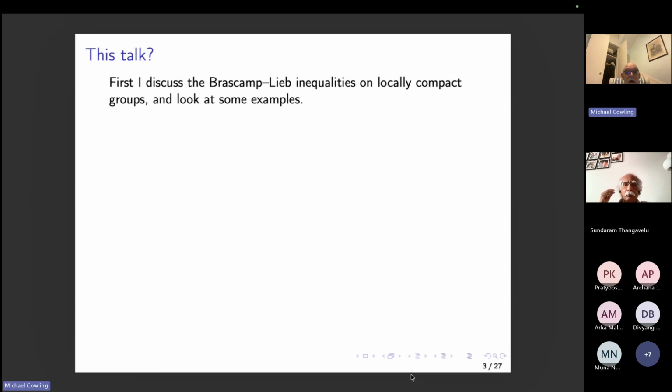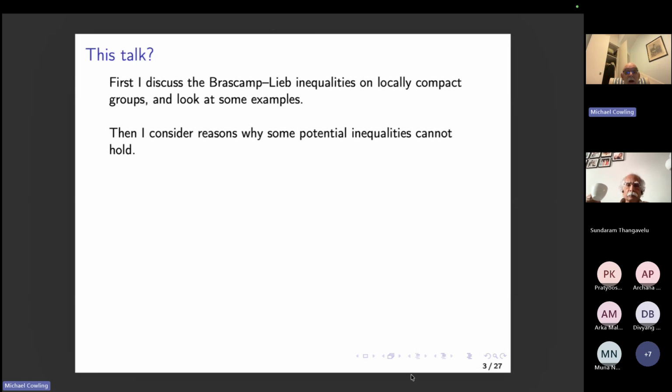So I'm going to first of all discuss the inequalities in quite general terms, and then I'm going to look at some examples. And then I'm going to say that there are some very good reasons why, essentially, when groups are not commutative, it's much harder to have Brascamp-Lieb inequalities.